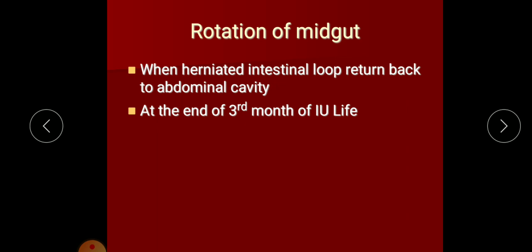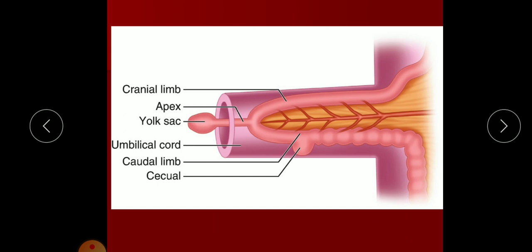I have just mentioned it as rotation. Some more details of rotation you should be able to know, so I'll elaborate something more about the rotation of the midgut. Look at that. What you see here is the superior mesenteric artery. This is the pre-arterial segment. This is the post-arterial segment, vitellointestinal duct, yolk sac.